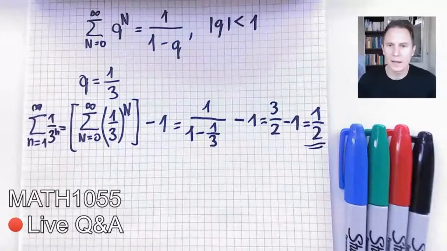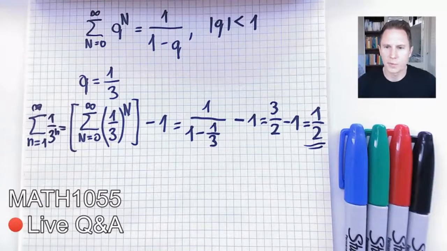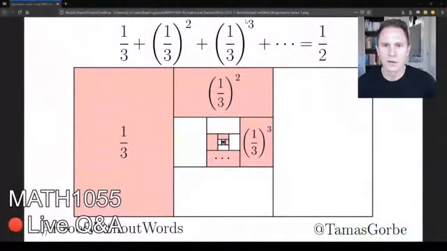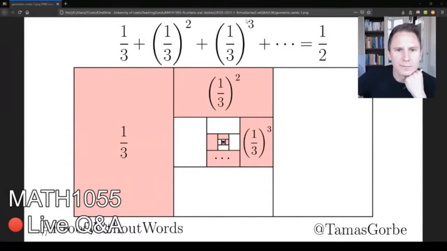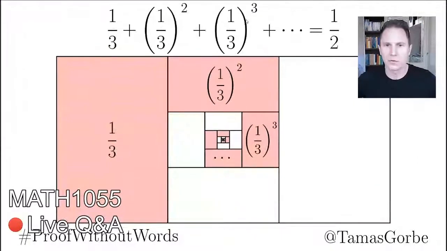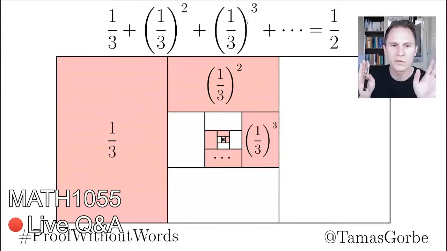Actually, let me just show you a visual representation of this series. So here is this image. Here you see a rectangle. My face is kind of covering up part of the picture, but you see this rectangle, and it's divided up into 3 equal parts. So the largest pink rectangle is 1/3 of the total area.